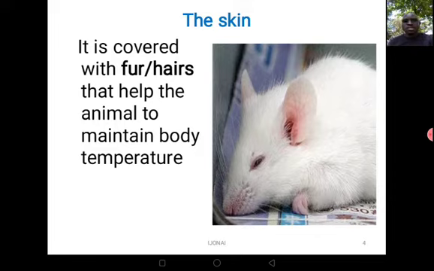So the hairs are basically used to insulate the body of an animal against heat loss. To insulate the body of an animal against what? Heat loss. Therefore, to maintain a relatively constant body temperature of the animal. So that's the function of the hairs that you see in the bodies of the mammals.